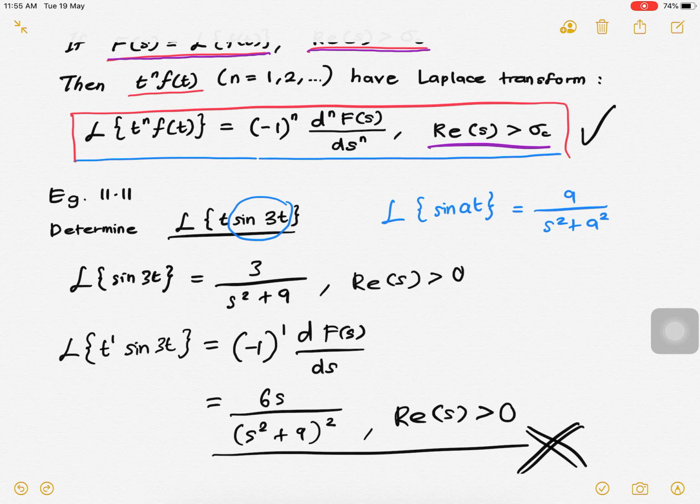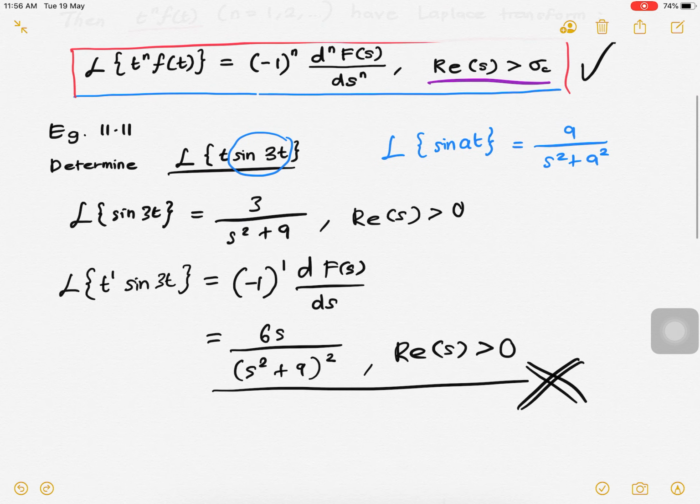So we go to example 11.11. We have t sine 3t. So we have t power of 1 right there. The first step is we transform sine 3t first. This is the formula for how to transform sine.